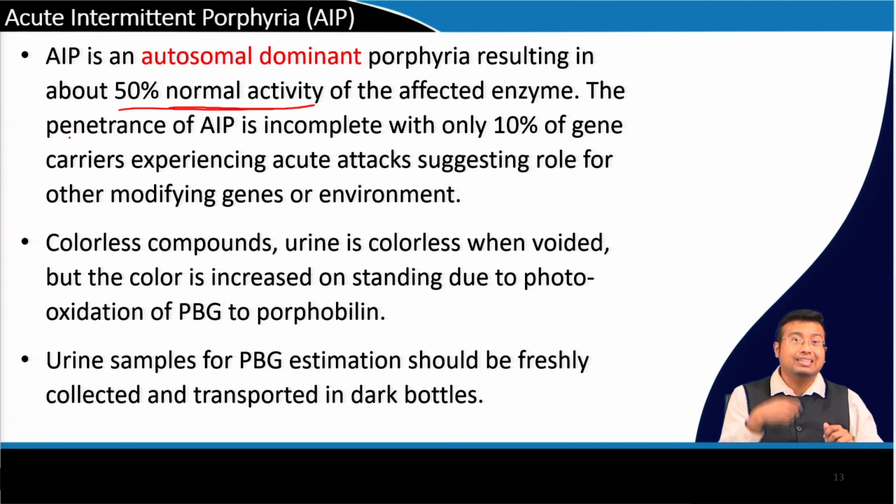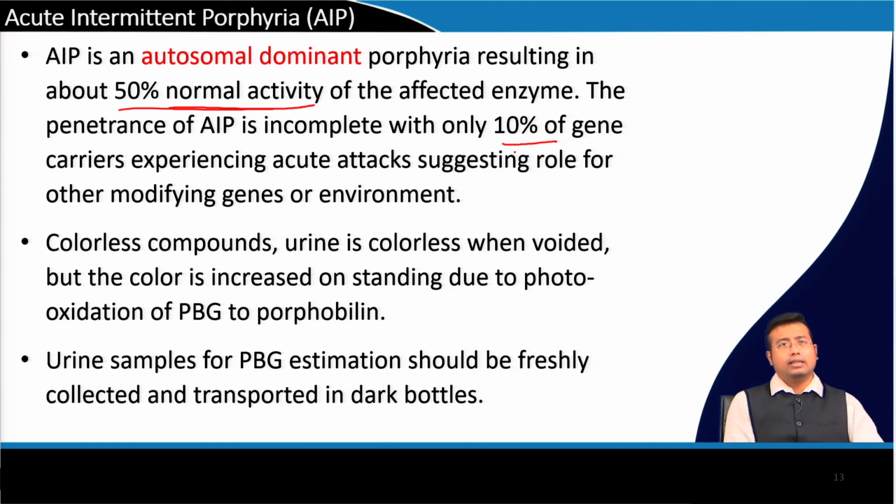Mind it, autosomal dominant means it will get transmitted generation after generation, but there is something called penetrance in which even if the gene is present, only 10% of the cases have been found to have the disease. Penetrance means the genotype actually expressing as a phenotype, that is the probability in rough words, right, that is the gist of it. So, therefore, not only the role of the gene, but there are other modifying factors, for example, maybe environmental factors that have been speculated to be a mechanism behind these acute attacks, right.